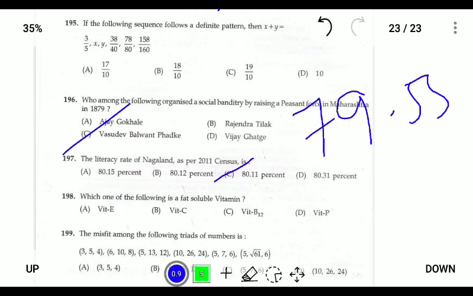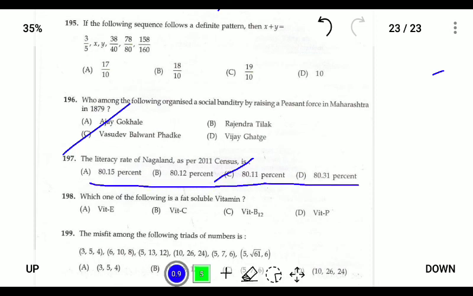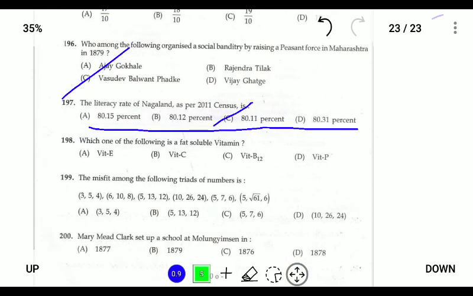So if we look at the nearest data, the answer is C. Actually, the 79.55. So this is the actual literacy rate of Nagaland. However, since NPSC has given equal marks to all the options, so if you choose any option, everyone is correct. Anyone is correct. 198. So which is a fat soluble?